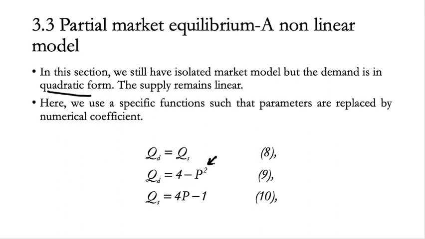This is where nonlinear comes into the picture. As you can see, expression 10 is a linear one: quantity supplied equals 4P minus 1.